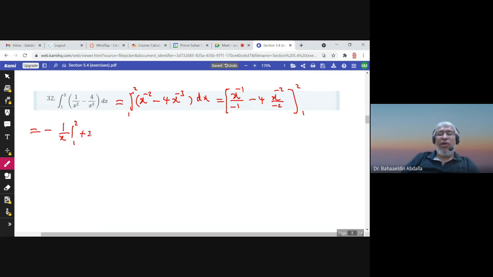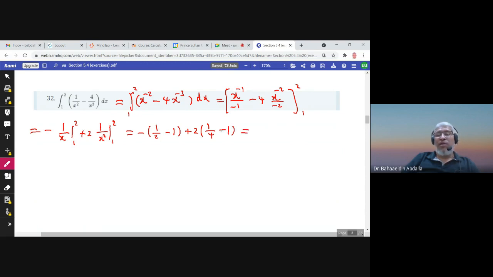And x to the power negative 2, I will write it 1 over x squared and take it from 1 to 2. So I have minus, I replace x by 2, so 1 over 2, minus, I replace x by 1, so I have 1, plus 2 times, I replace x by 2, so I have 1 over 4, minus, I replace x by 1, so I have 1.